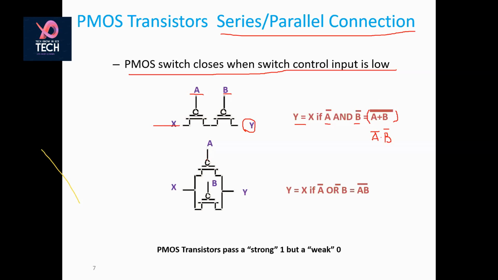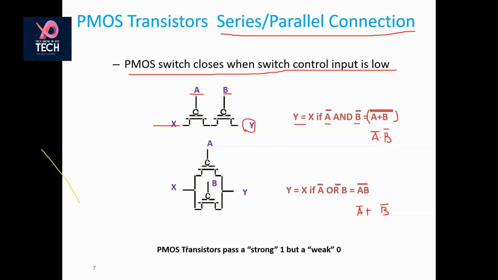If any of these two is low, you will get Y equal to X, and it can be written as A bar plus B bar. So this is your AND operation, this is your OR operation.